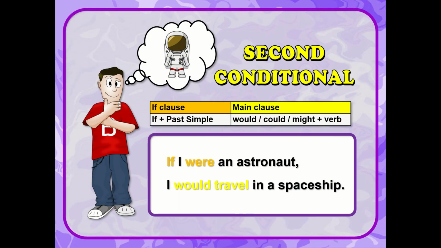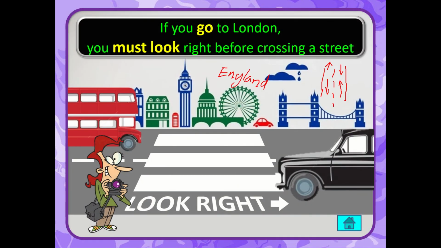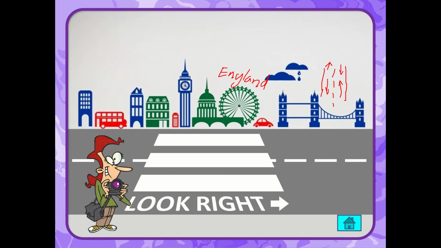Very good. For today, we are only going to focus on first conditional and zero conditional. But later on, we can focus on second conditional and third conditional. Well, that's all for today, guys.